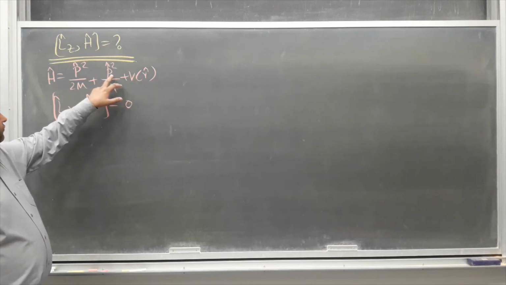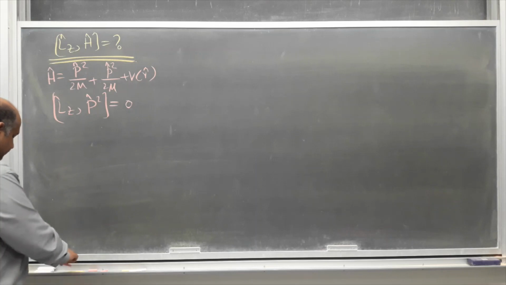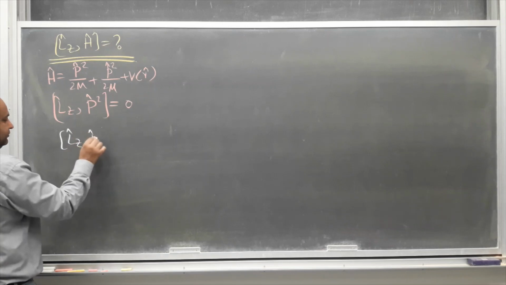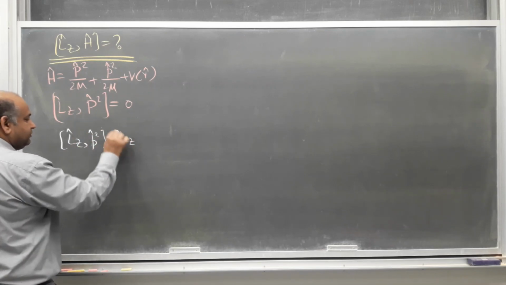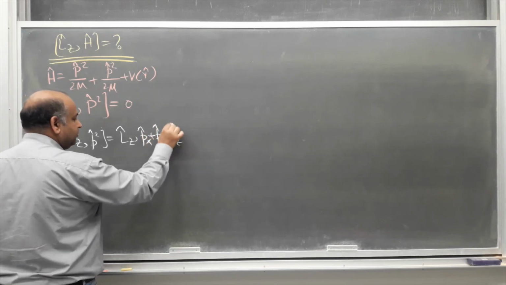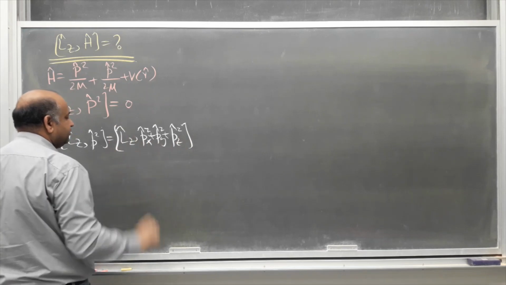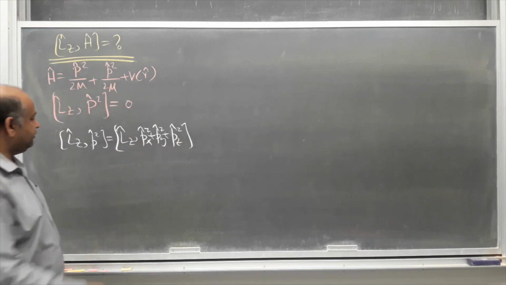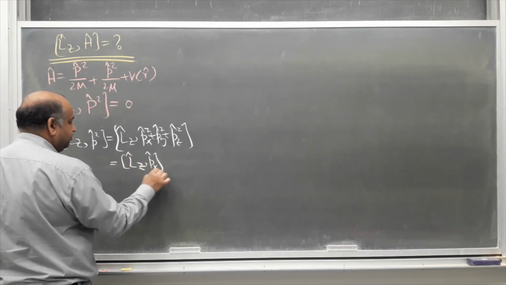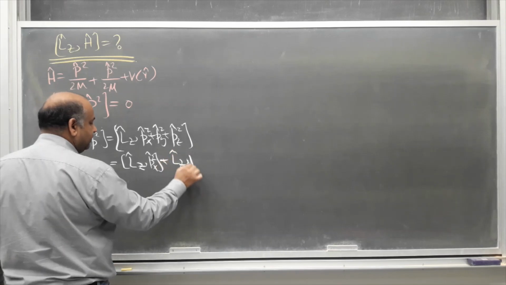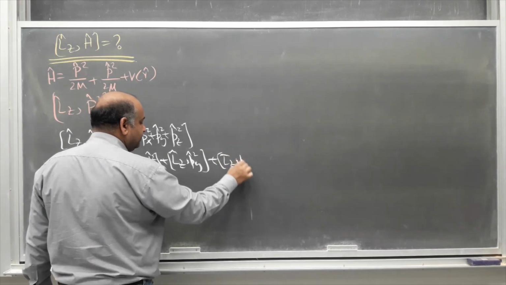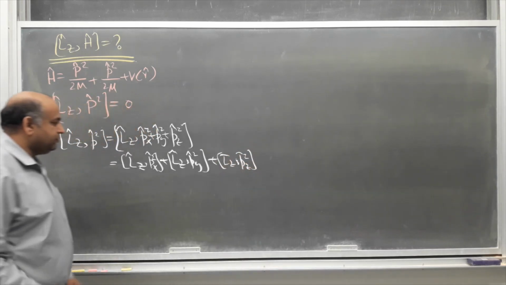To find the commutator of Lz with p squared, we need to evaluate this thing, which is Px squared plus Py squared plus Pz squared, and which can be written as Lz with Px squared plus Lz with Py squared plus Lz with Pz squared, and so on.